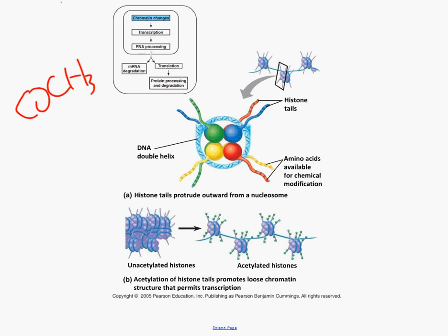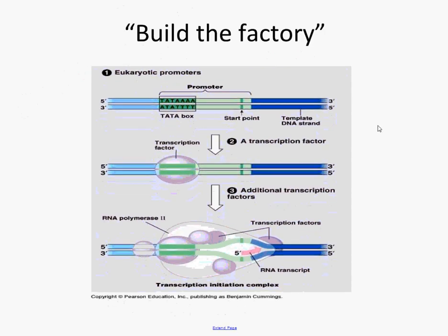The histones have a positive charge, DNA has a negative charge, and so they really like each other. Well, the acetyl group takes that positive charge off the histones, repelling the DNA. And once this happens, of course, then DNA can be transcribed. So this is a little bit opposite of the methylation, because this allows for transcription to occur.